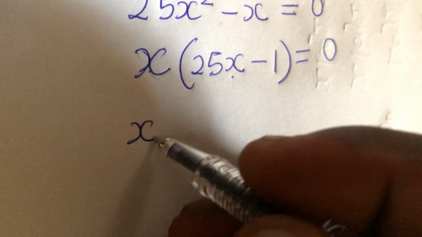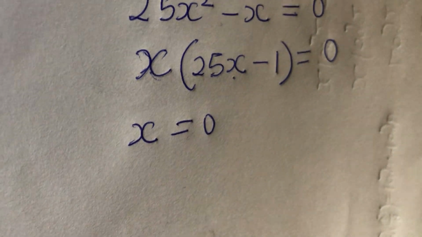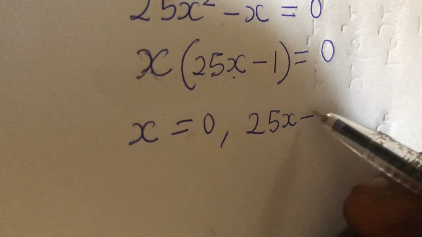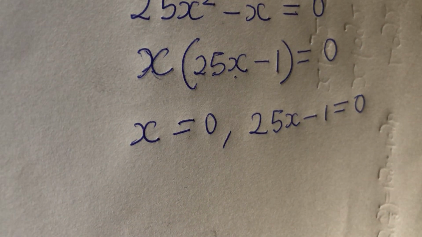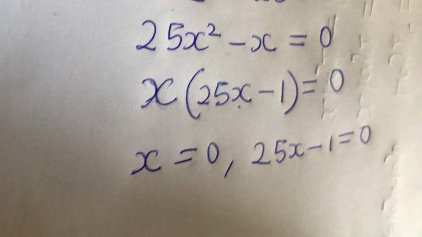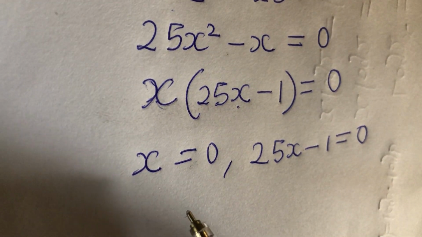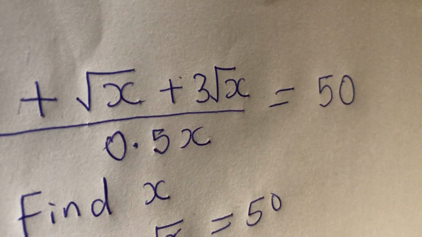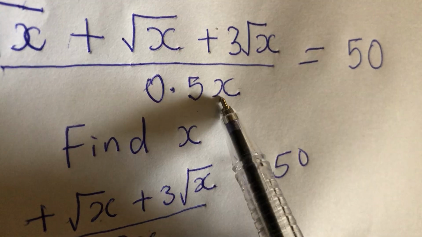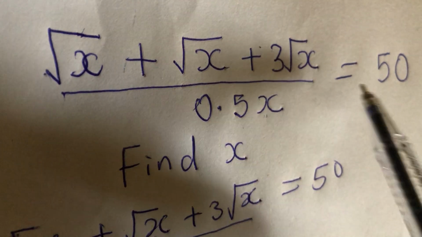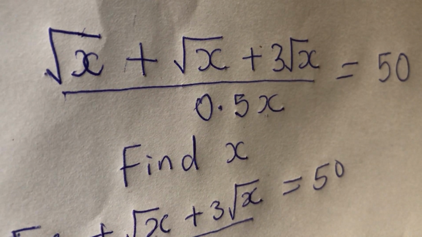So from here, this implies that one of the values of x is equal to 0, whereas you can get the other value from 25x minus 1 equals 0. But from the look of things, if we say that one of the values of x is 0, if you observe, if we have 0 here, definitely everything here is 0, and everything for the numerator will equally be 0.